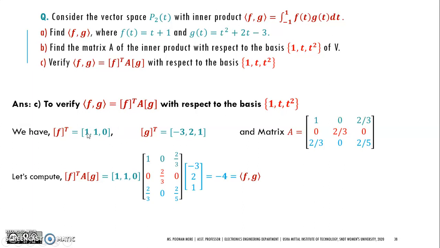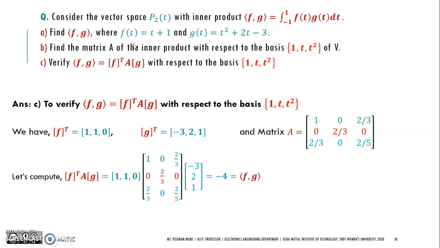So the first element represents the coefficient with respect to the vector 1. The second element represents the coefficient with respect to the vector t, that means the coefficient of t in this equation, and the third element represents the coefficient with respect to the vector t square, that is the coefficient of t square in this equation.